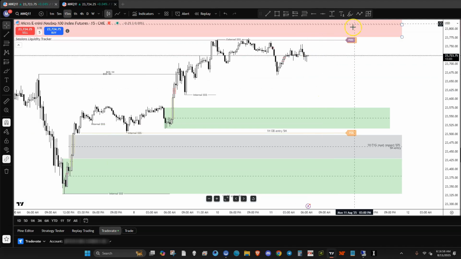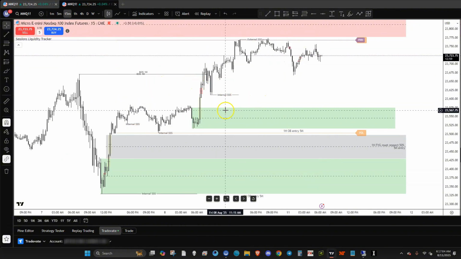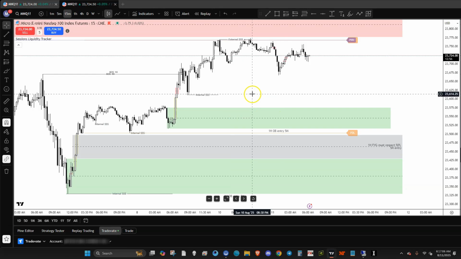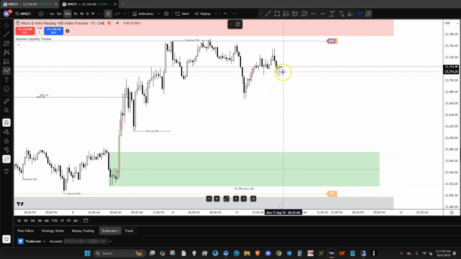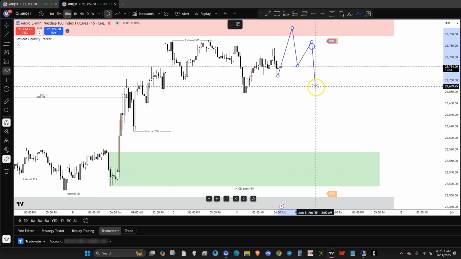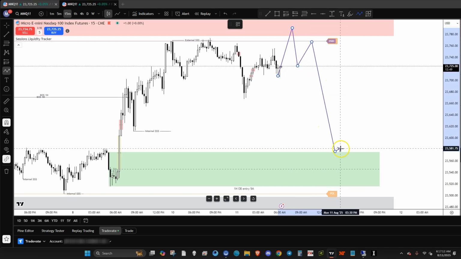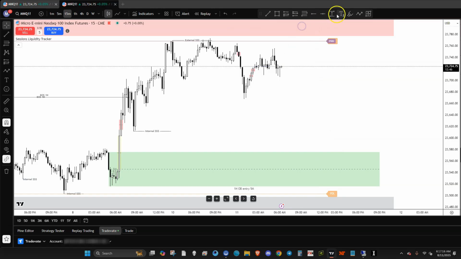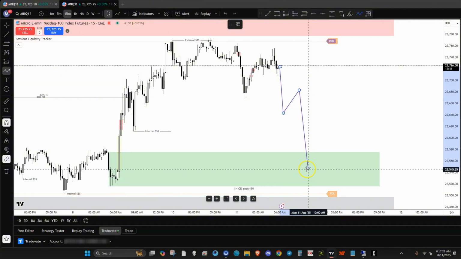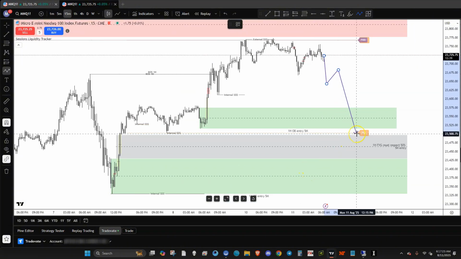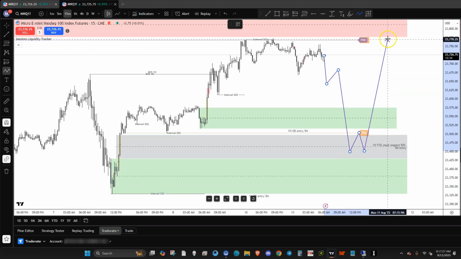This is going to take some time to set up. Right now I'm going to pause the video, and that's my thought process, what I'm waiting for. I'm either waiting for a raid of this and then a drop to this level, or if they just drop from this level, then I'm looking for them to kill this previous day low, which I really like for them to kill, and then from here do some stuff and go back up for the next level of liquidity, which is this 4-hour order block.